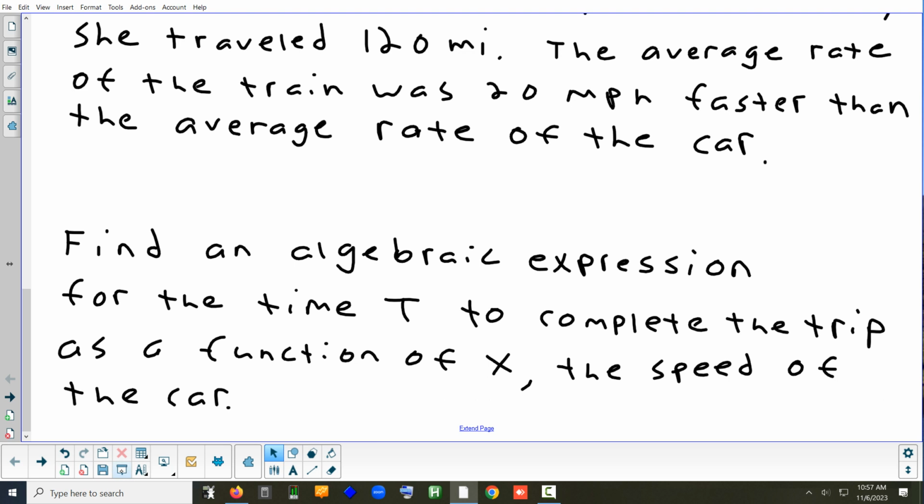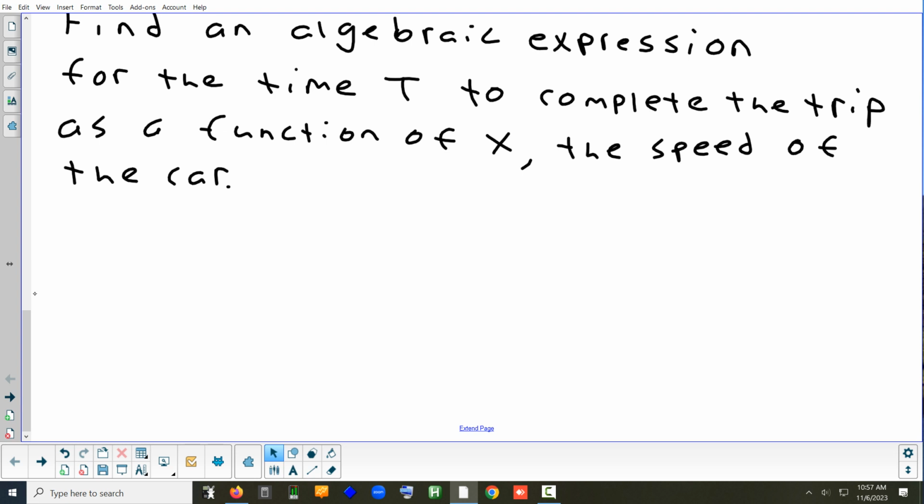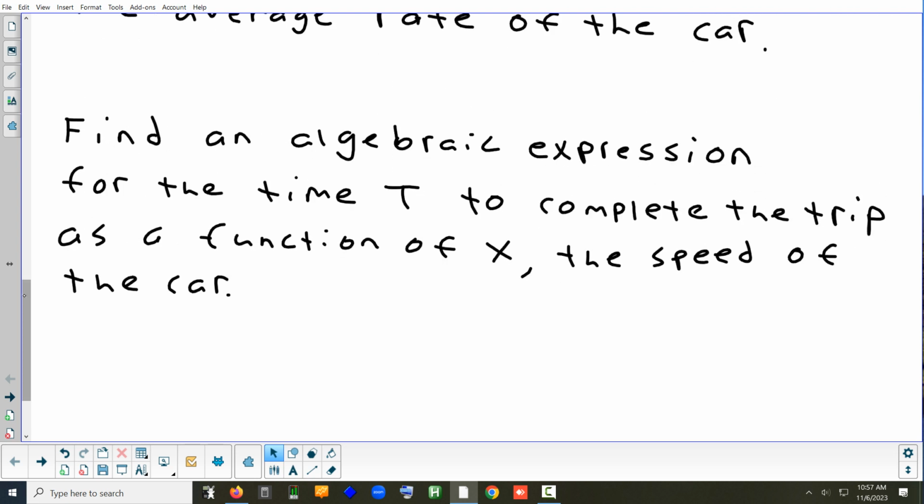Now, they want us to write a formula for the total time of the trip. How many different modes of transportation is Sue taking? Yeah, two. Now, what we want to do is think about this formula: distance equals rate times time. If you solve it for t, what do you get?